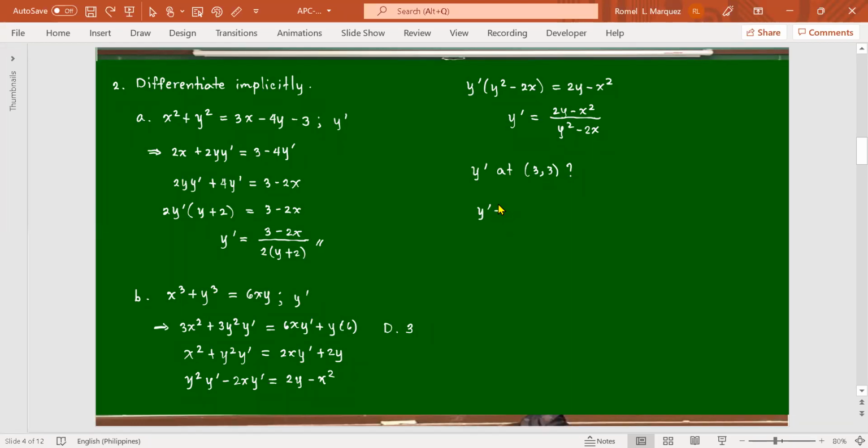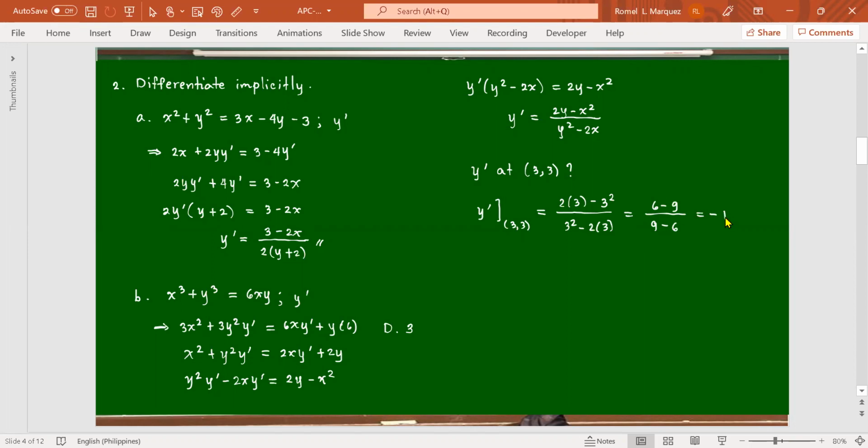Okay, guys, y prime when x and y are what? 3 and 3 respectively. At (3, 3), no? We have 2 times 3 minus 3 squared, all over 3 squared minus 2 times 3. So what is that? 6 minus 9 all over 9 minus 6.